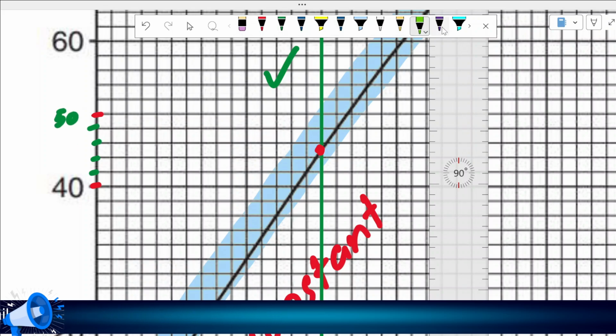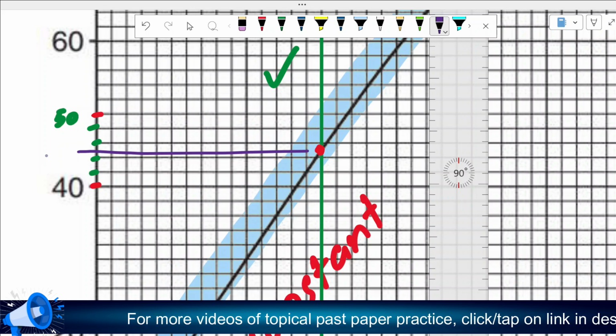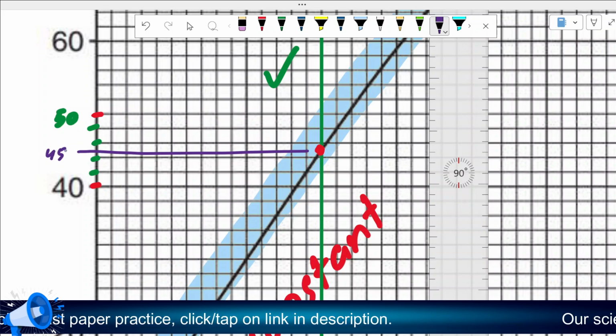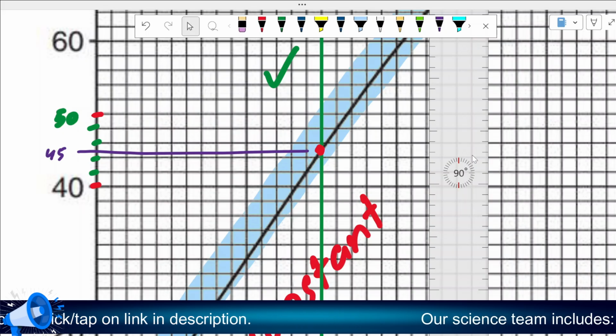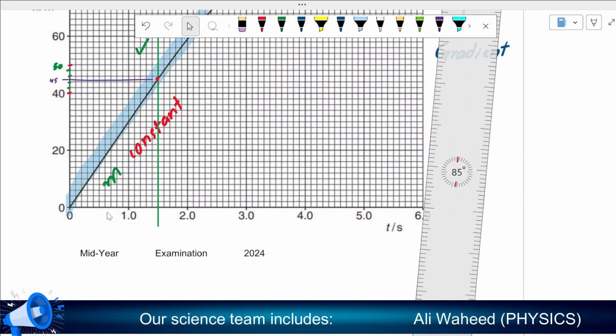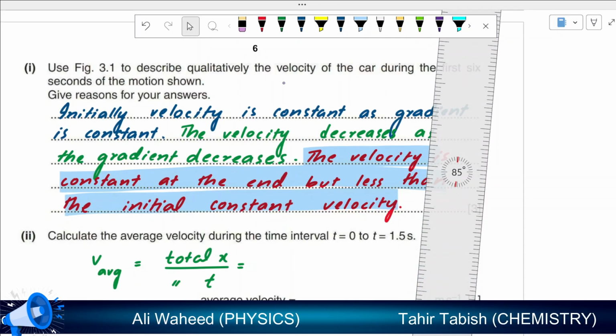So we are exactly in the middle of these two. 42, 44, 46, we are in the middle of 44 and 46, which is 45. So we have to be very specific with this. We have to be very careful. We cannot say this is 44 or 46. It's exactly in the middle. We can read it through the graph.